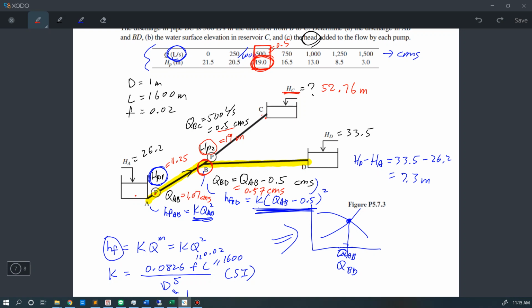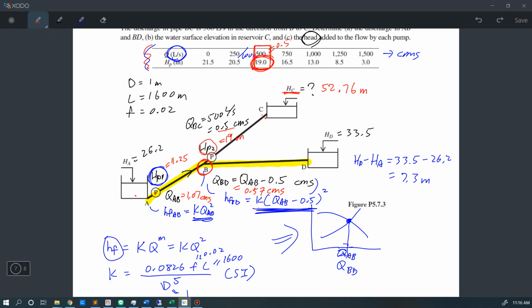And to do that, we will need to use the energy balance equation for the pipeline AB and pipeline BC. And for the energy provided by the pump, we can use the calculated flow rate with the pump characteristic table provided by the problem.